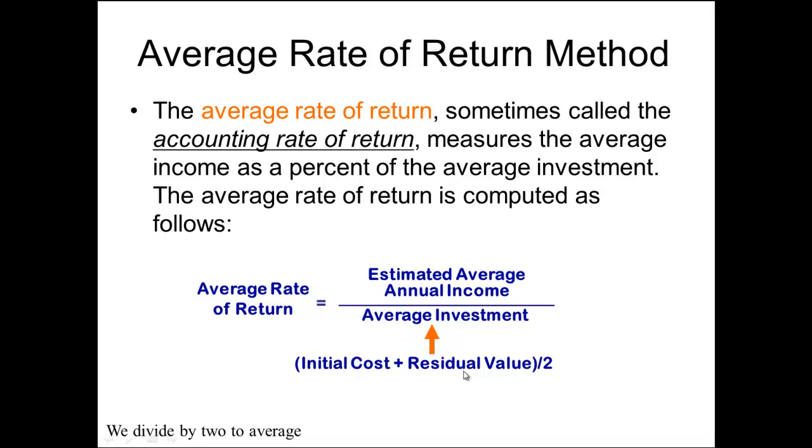Remember, the residual value is the same thing as the salvage value. It's anything that we're going to be able to get for the item once we are finished using it. So we're going to add those 2 together, and then we're going to divide them by 2. So we add this plus this, we divide it by 2, and that gives us the number that we plug in here as our average investment. Okay?